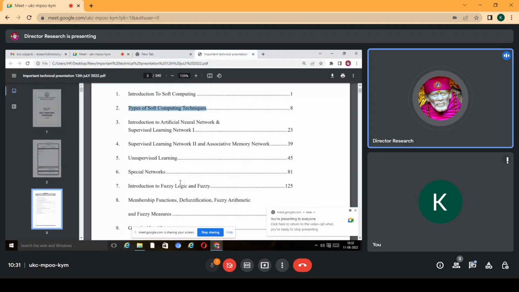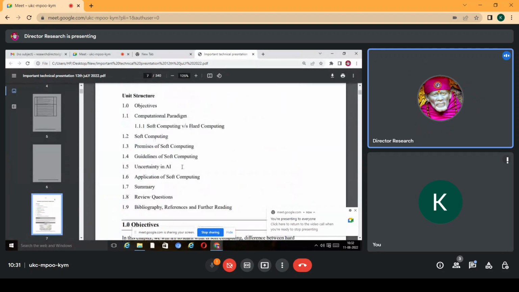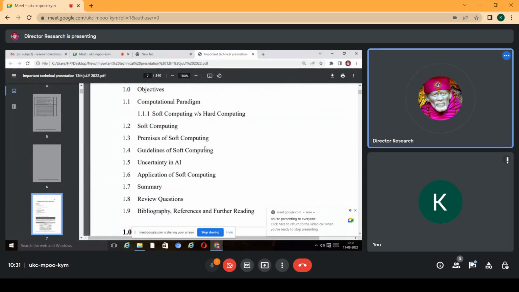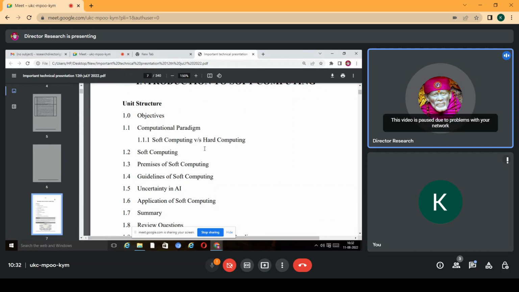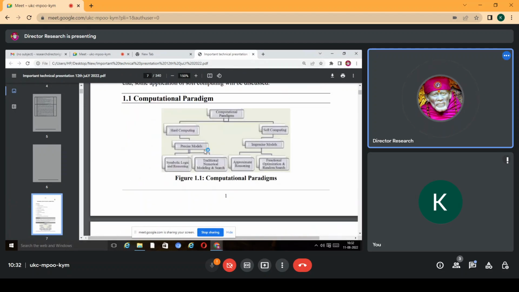Introduction to soft computing, types of soft computing techniques. In the introduction part, we cover the structure, objectives, computational paradigm, soft computing versus hard computing, premises of soft computing, guidelines of soft computing, uncertainty in artificial intelligence, applications of soft computing, summary, and then review questions.